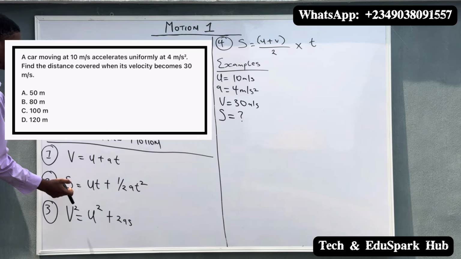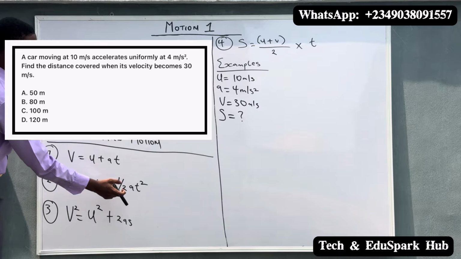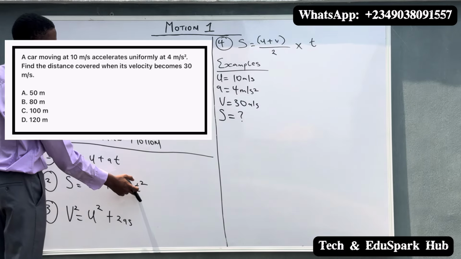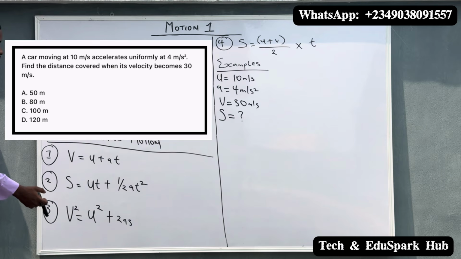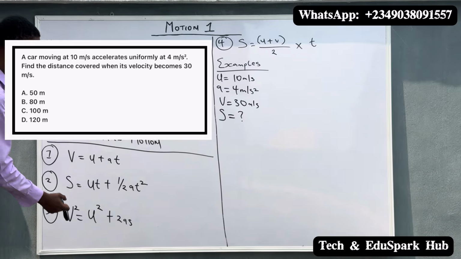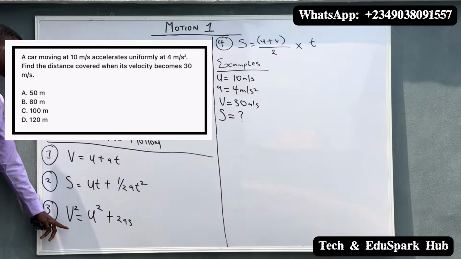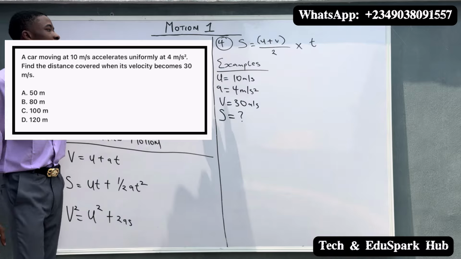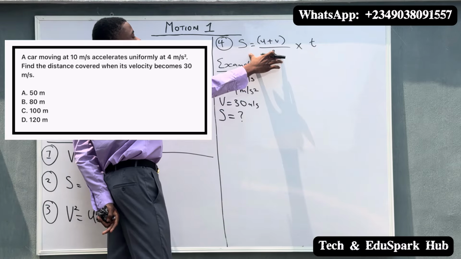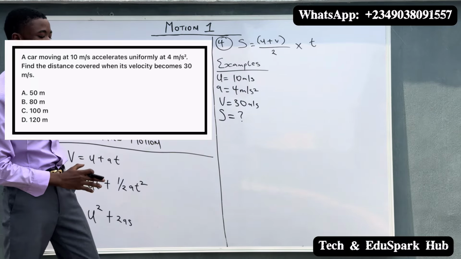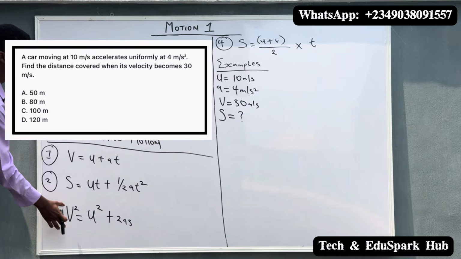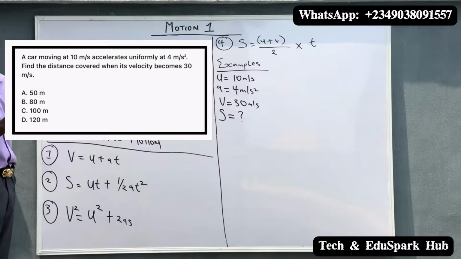In this case, we cannot use this second formula because we do not have time in our parameters. There is no t. And I told you that this third formula is only useful when you don't have any time in your parameters. So we are going to use this third formula. And the fourth formula is useful when there is no acceleration. You can only use this fourth formula when you have no acceleration. But this third formula, you can use it when you have no time in your question.